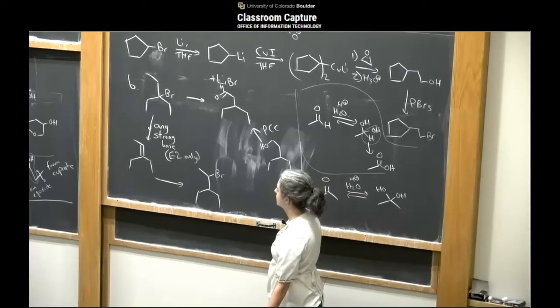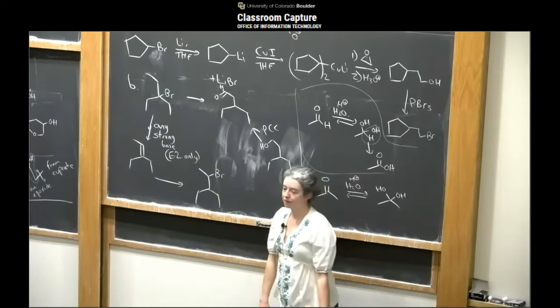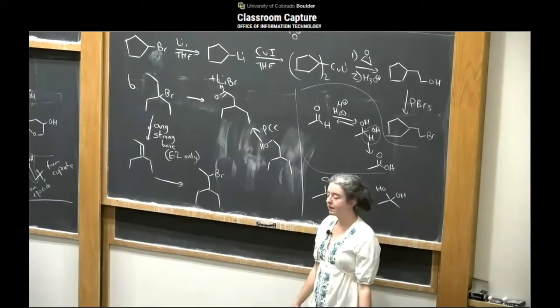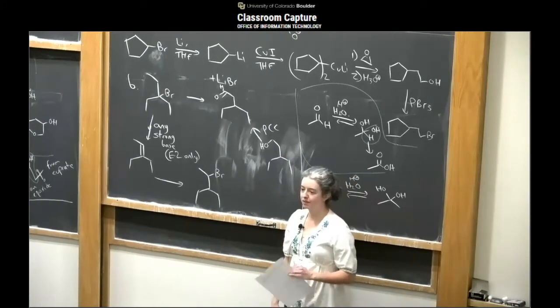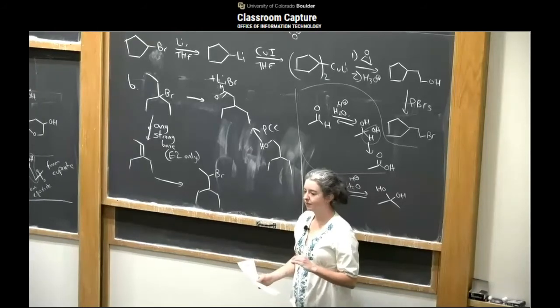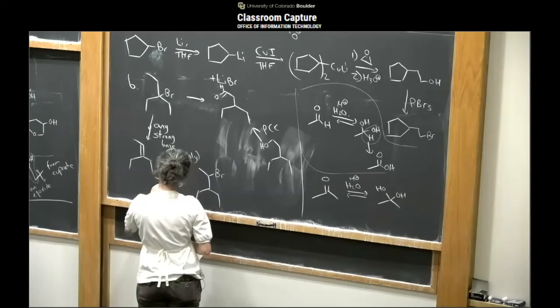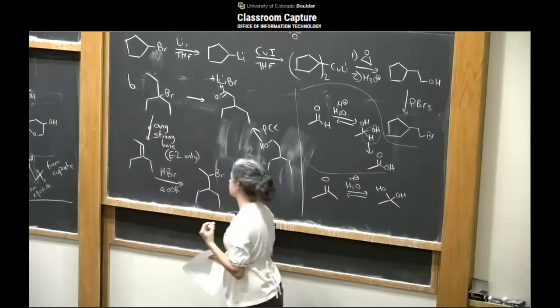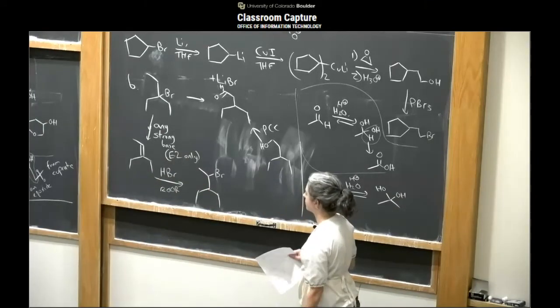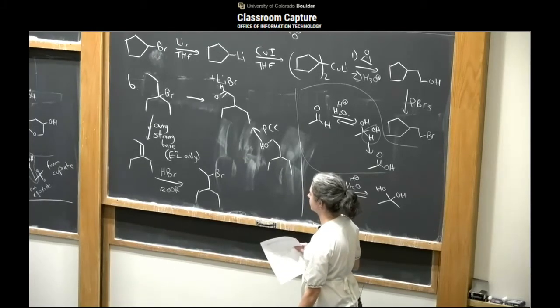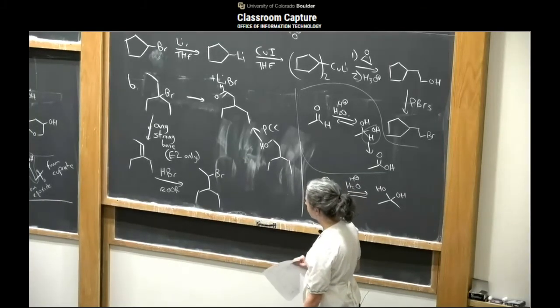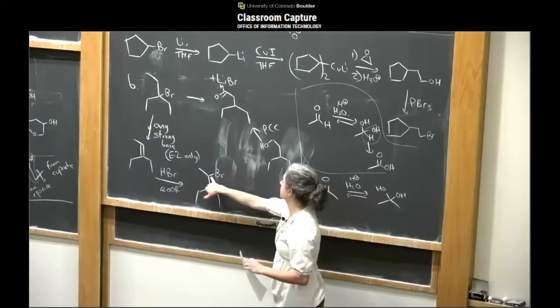So am I going Markovnikov or anti-Markovnikov here? Anti. So what reagents do I need? Good, yep, HBr and peroxides. HBr, ROOR, or there are a few other initiators that'll also do the job, but that's the one we've used the most. So we add anti-Markovnikov, get the bromine here.